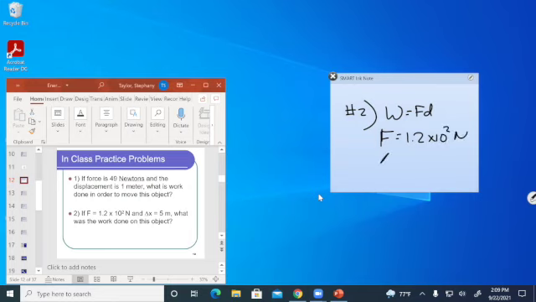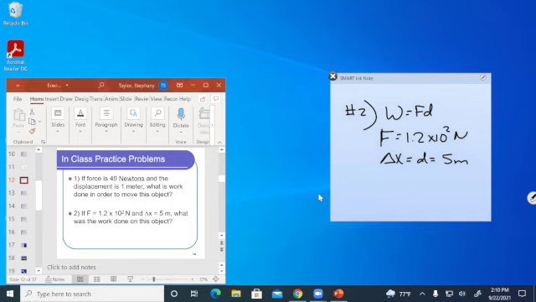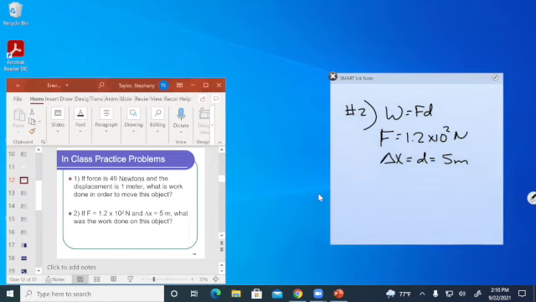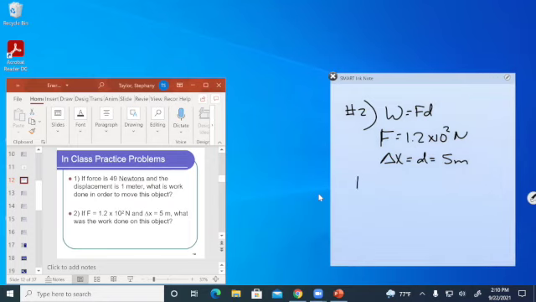And then our delta x, which is the same thing as our distance or displacement, was 5 meters. We're trying to find the work done on that object. You know work is equal to force times distance. Just plug everything in: 120 times 5. You get 600, and what is the SI unit? You can either put joules or you can put newton meters.